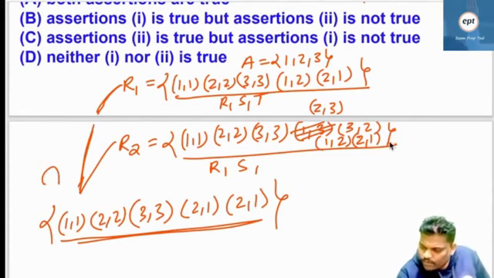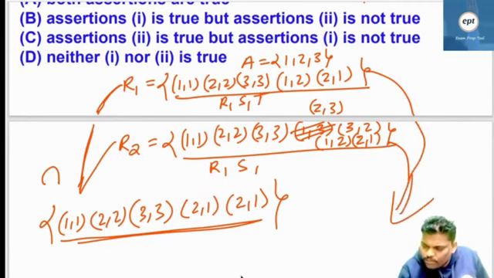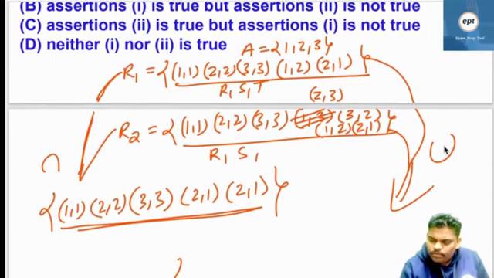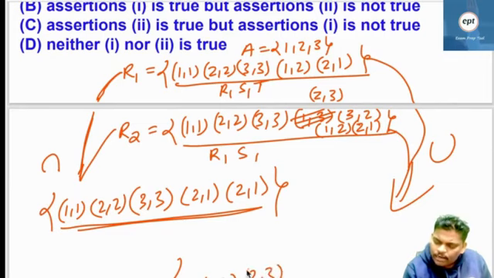Can you see the union? Everyone listen. Union means all pairs. Let me do the union. This is the union. All pairs will come. 1, 1, 2, 2 are guaranteed to come. 3, 3 also guaranteed.